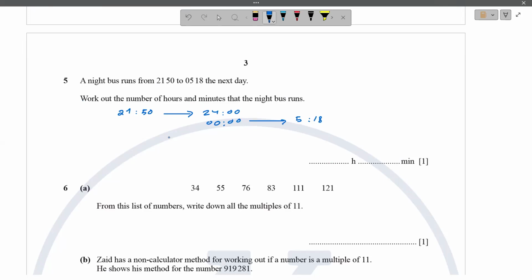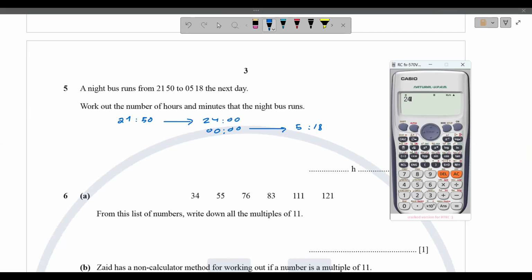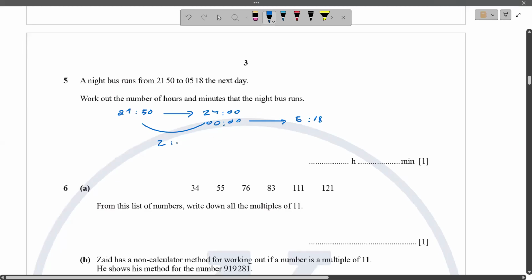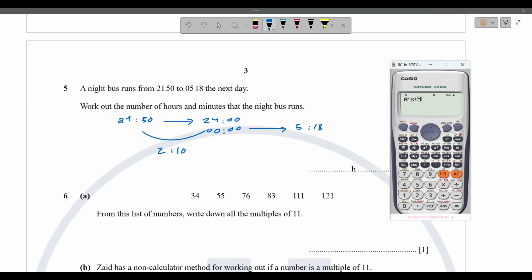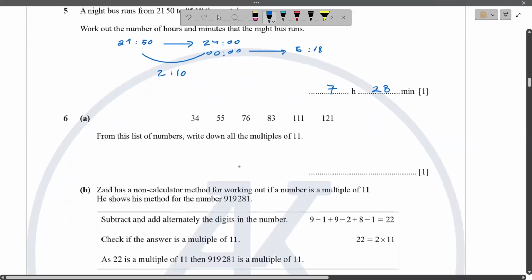To calculate this, we can get it mentally, or we can use a calculator. 24 hours, 24 minus 2150, which is equal 2 and 10. 2 hours, 10 minutes, plus 5, 18, which is equal 7 hours, 28 minutes.